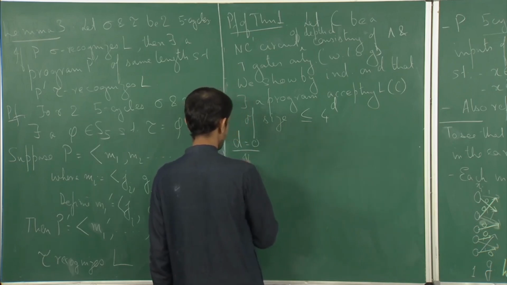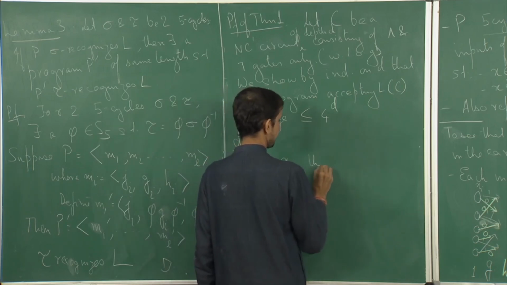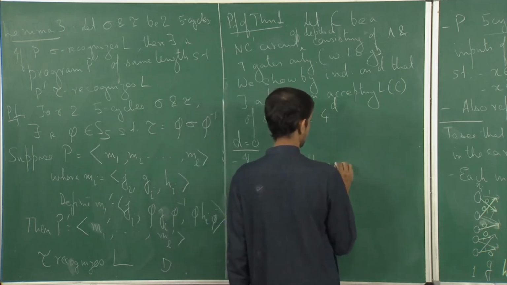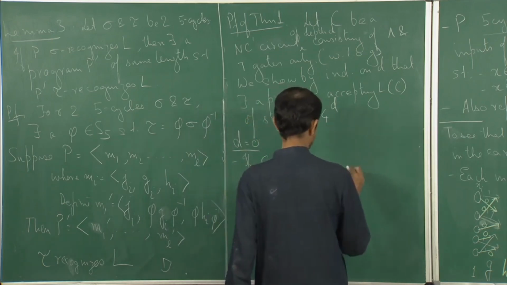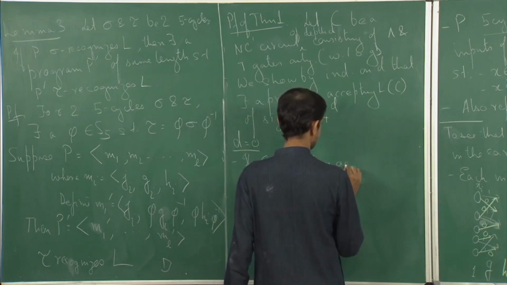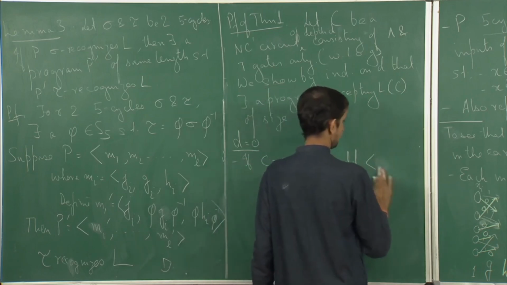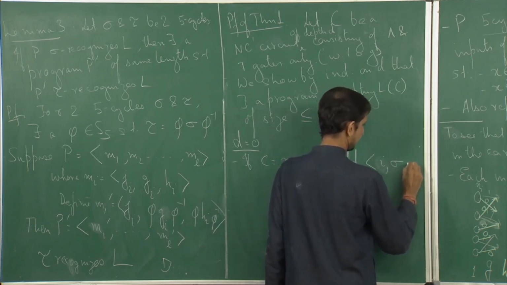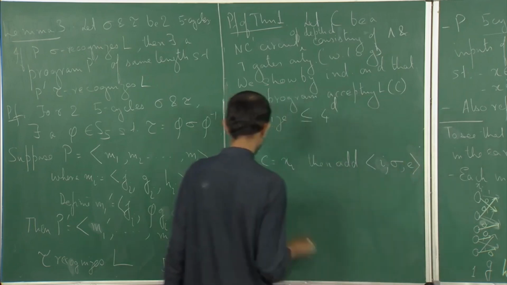If C is some variable xi, then add the instruction (i, e, sigma).